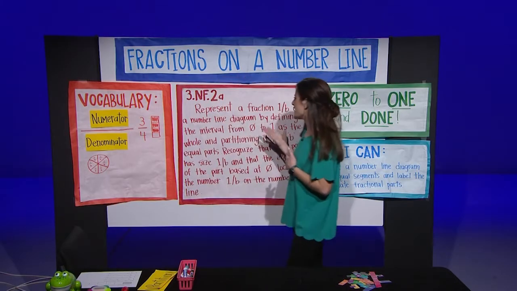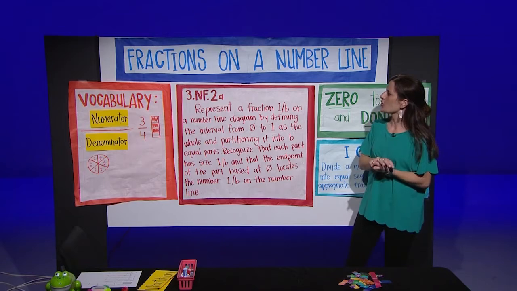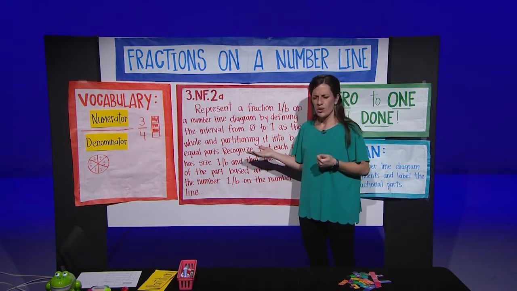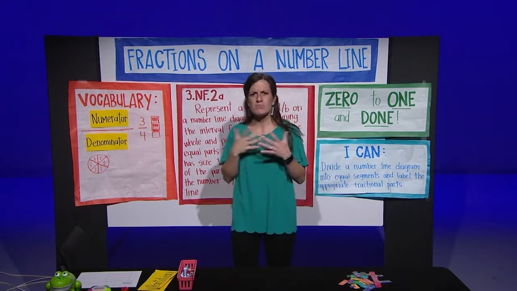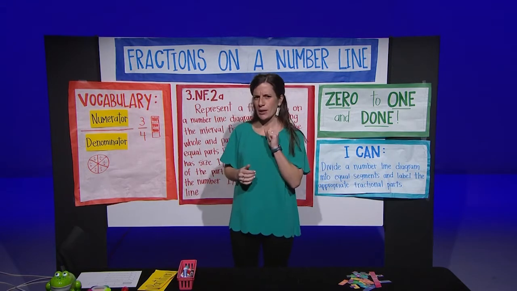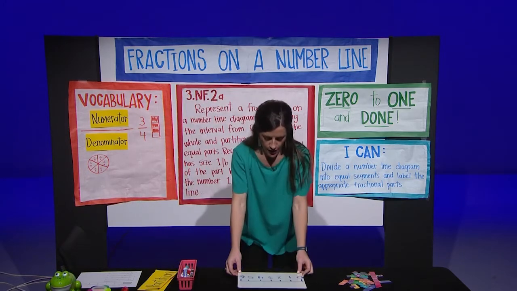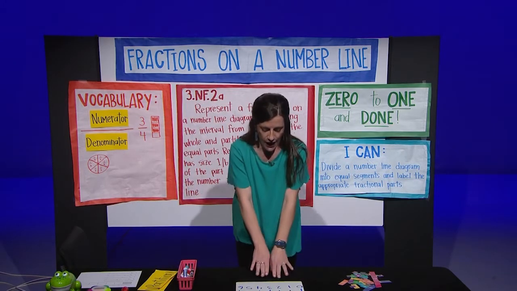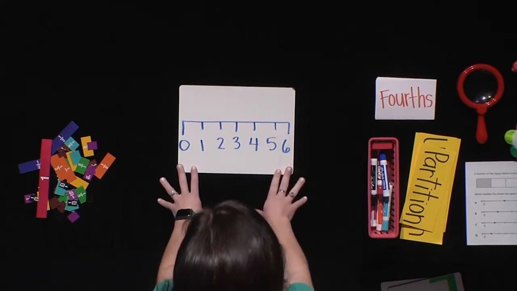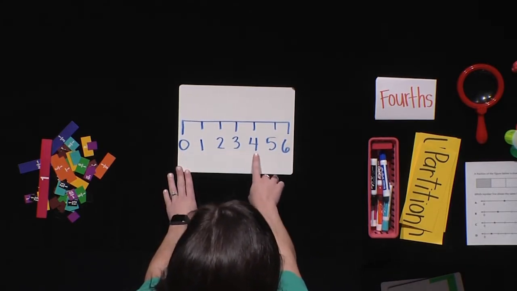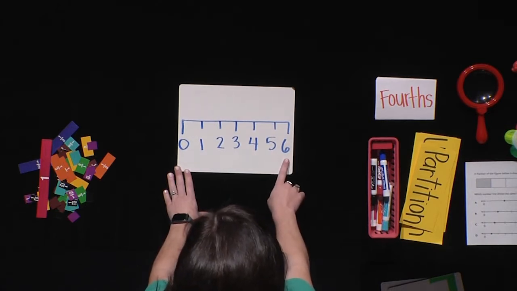Now, in our standard, it mentioned that when we're looking at a number line diagram, we have to partition it. Well, what in the world does partition mean? Let's take a break. If I were to show you a basic number line, I hope that you would think of something like this: 0, 1, 2, 3, 4, 5, 6.